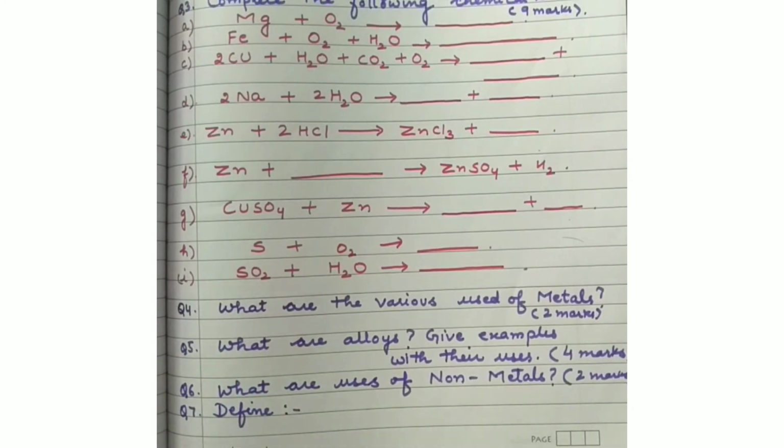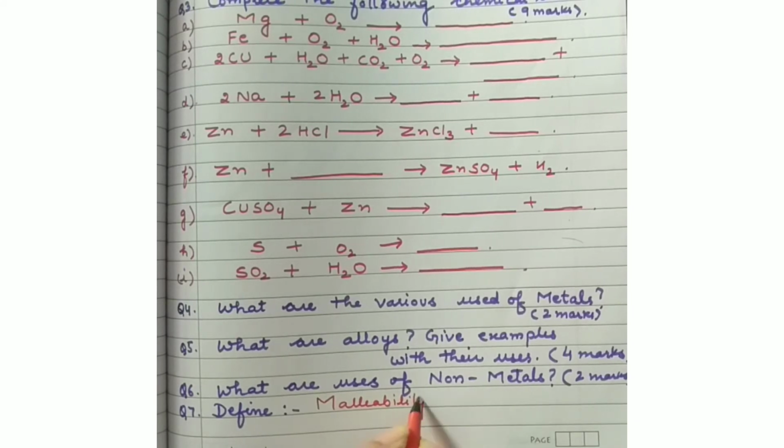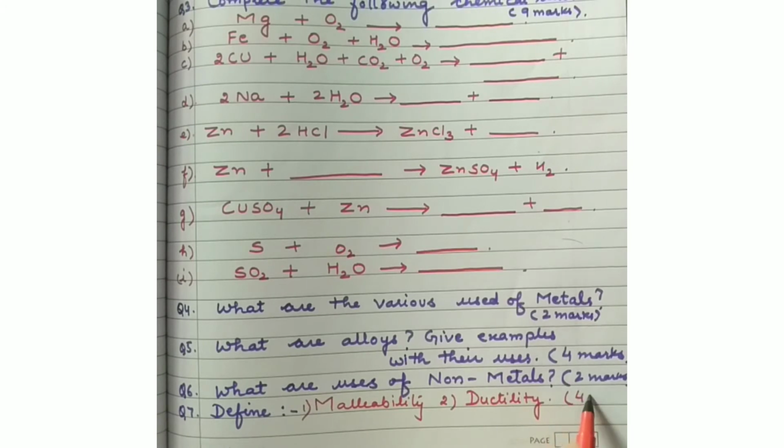Now in this question, write down the definition of these terms. One is malleability. Second one is ductility. These are the properties of metals.